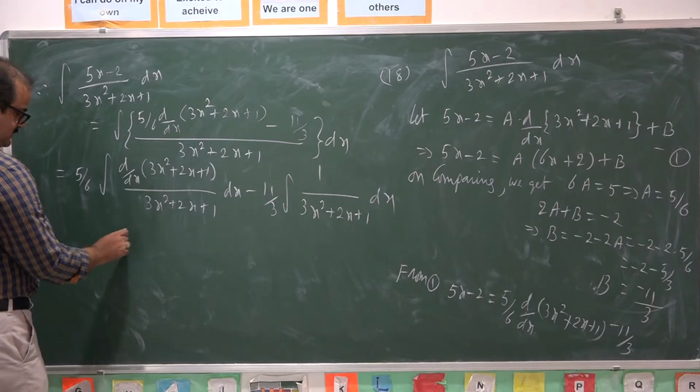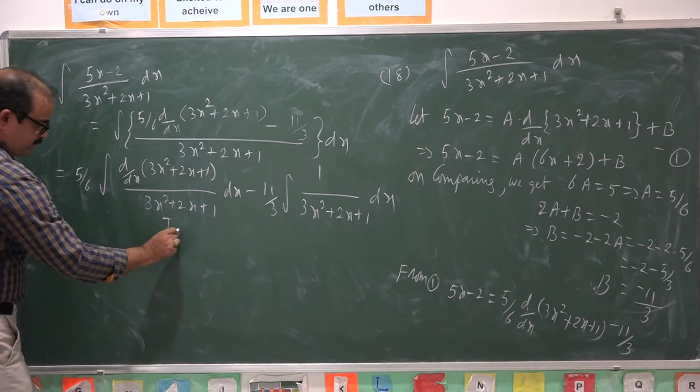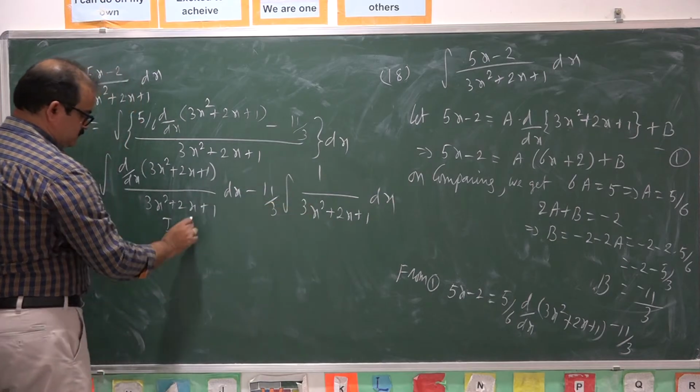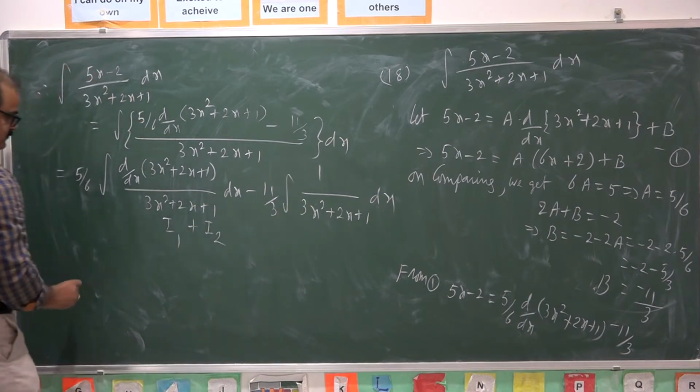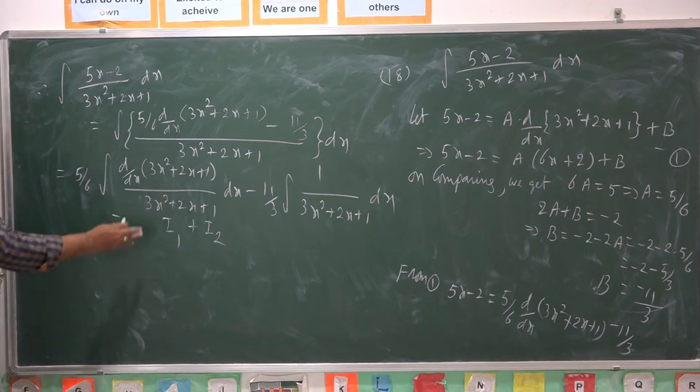You divide separately and apply integral separately. It is taken as I1, it is taken as I2. We find the integral value separately.